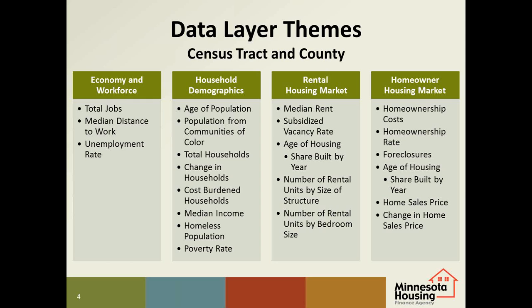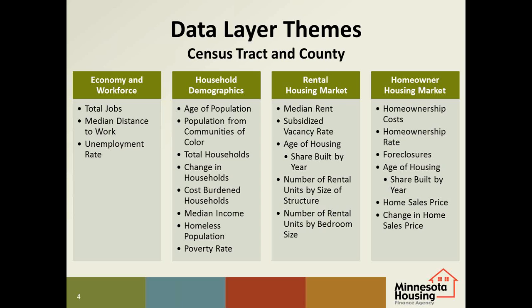The household demographics theme contains information about the people and households in a community, which includes basic demographic characteristics such as breakdown of age, the proportion of population from a community of color, cost burden for renters and homeowners, and income characteristics. Finally, the housing market is broken into 2 themes, rental and homeownership market.